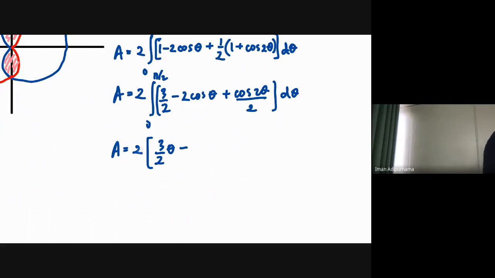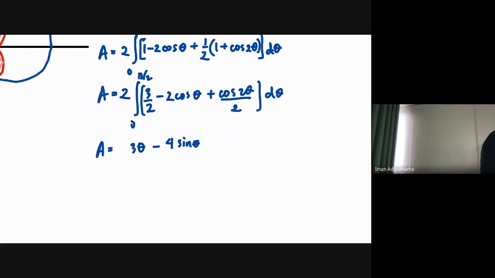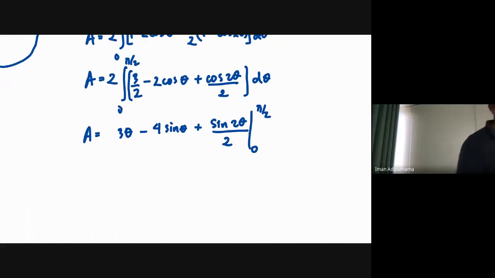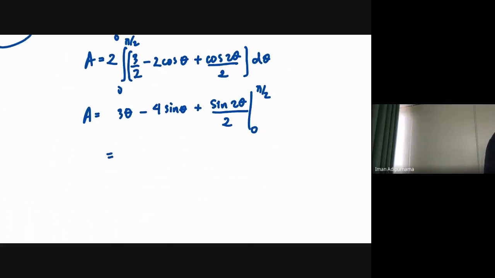Or maybe I will just go directly, multiply, and it will be 3 theta minus 4 sine theta plus sine 2 theta over 2, right? And then from 0 to pi. And because it's sine, we can ignore the 0, and we can compute at pi over 2. Yeah, this is the area.